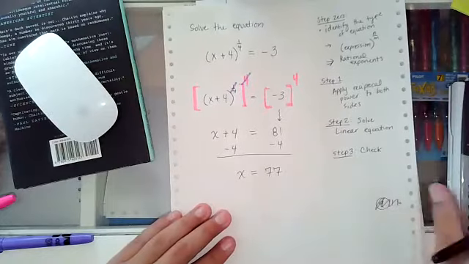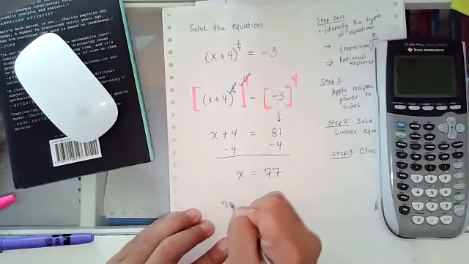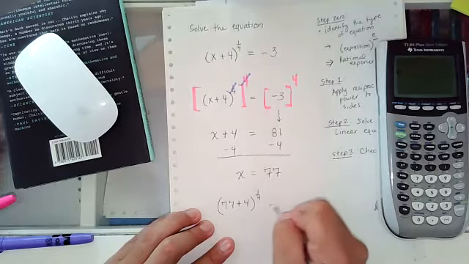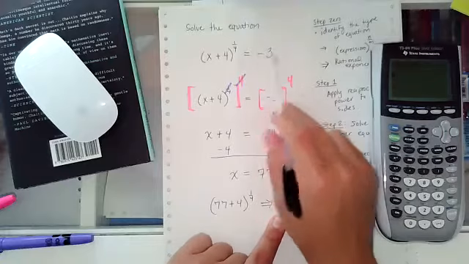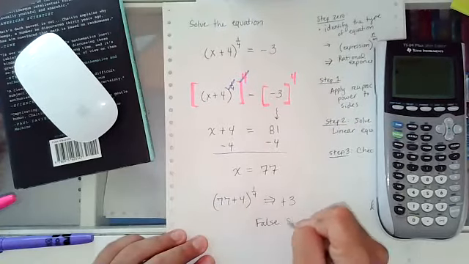When we plug this into the calculator, we got +3. So that is 77 plus 4. When you take that to the 1/4 power, what you get is +3, but this is not equal to -3. So that means that we have a false statement.